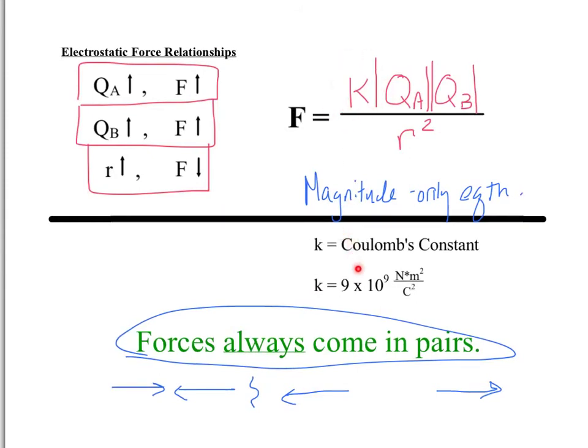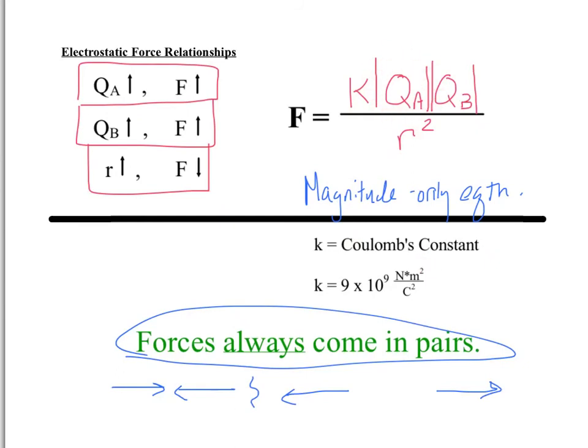K, representing the 9 times 10 to the ninth, the absolute value of our charge A, the absolute value of our charge B, and then that's all going to be over R, or the distance, squared. Now remember, a couple things to point out. Your R is always going to be measured in meters, and then that's going to create the meters squared.